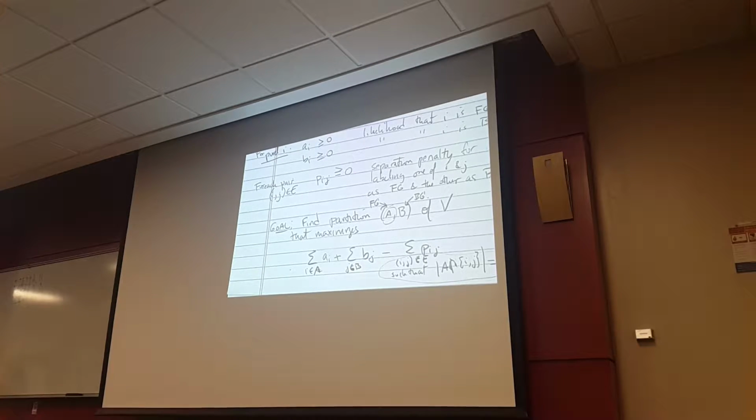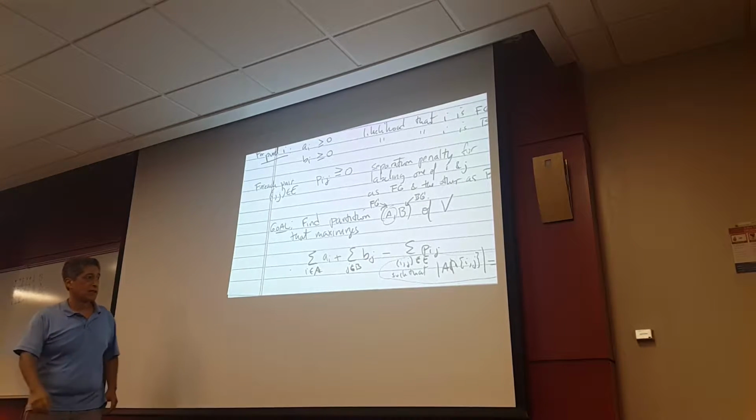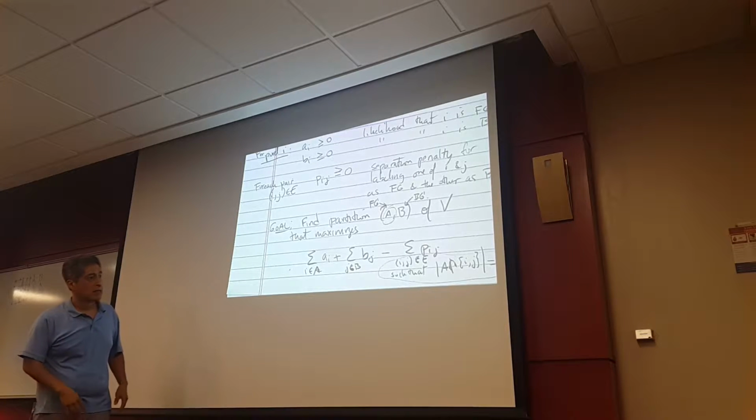The difference is that unlike a regular cut problem, I'm maximizing, not minimizing. And the other thing is that here the nodes themselves have weights. So I don't just have edges with weights, I have nodes that have weights. So I have to take that into account.